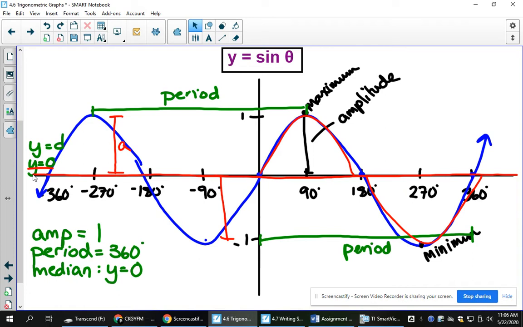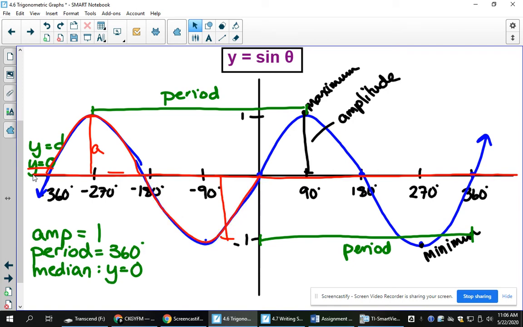So I can literally just pick up one period of the wave and copy and paste it over and over and over again, and it will show me this picture, this periodic function that I'm drawing.